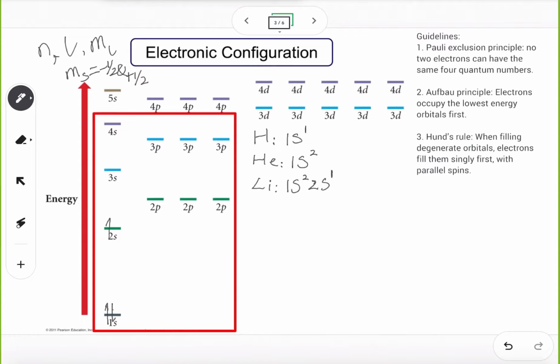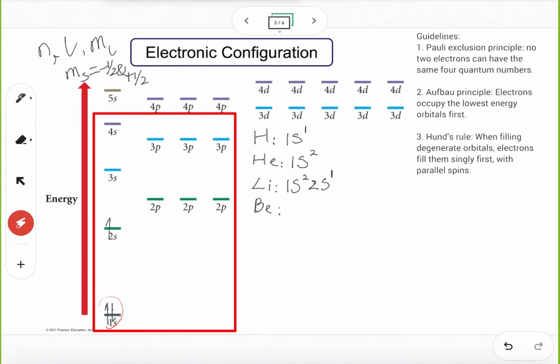Now the next element would have 4 electrons, beryllium, Be. We already have 3 electrons. Where should the 4th electron go? Like we did for the 1s orbital, since the 2s orbital can still get 1 more electron, the 4th electron should be on the 2s orbital.